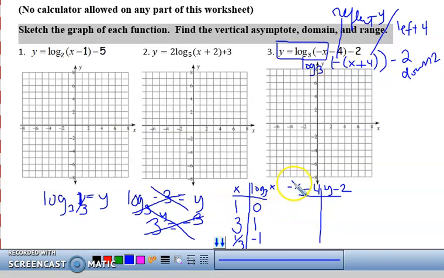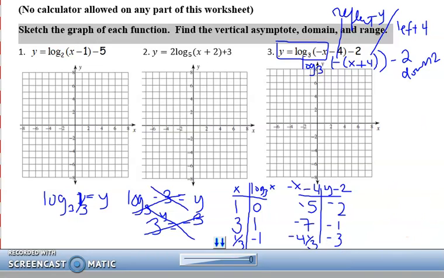So we'll do negative 1 minus 4 to be negative 5. We'll do negative 3 minus 4 to make that negative 7. And then negative 1/3 minus 4 is going to be negative 4 1/3. You can make that an improper fraction if you want to. I'm going to leave it as a mixed number so that I can easily graph it. And then 0 minus 2 is negative 2, 1 minus 2 is negative 1, and negative 1 minus 2 is negative 3.